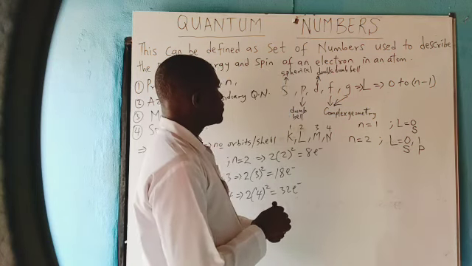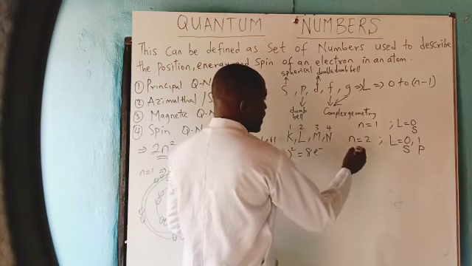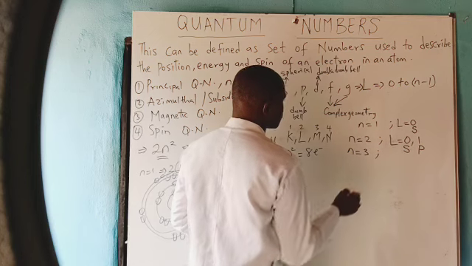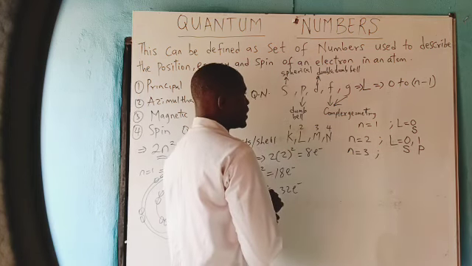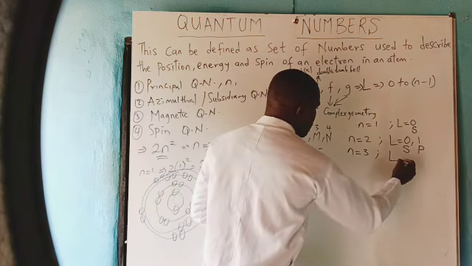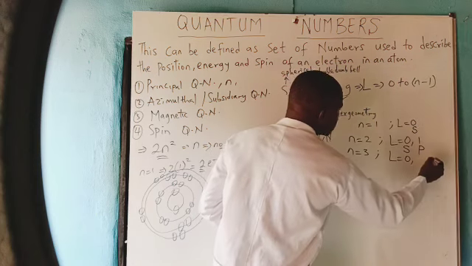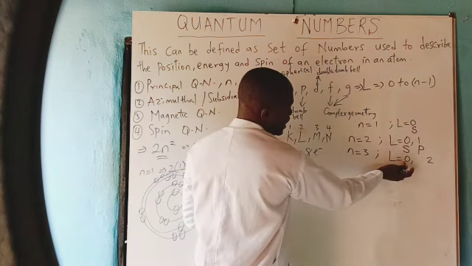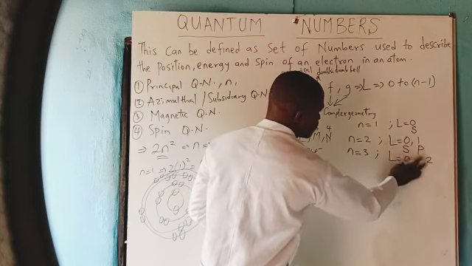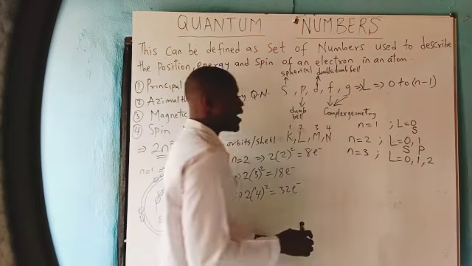Then we also say that when n is equal to 3, our l will be equal to 0 to 3 minus 1, which is 2. We can't just count 0 and jump to 2; 1 will follow before 2, because it ranges from 0 to n minus 1.